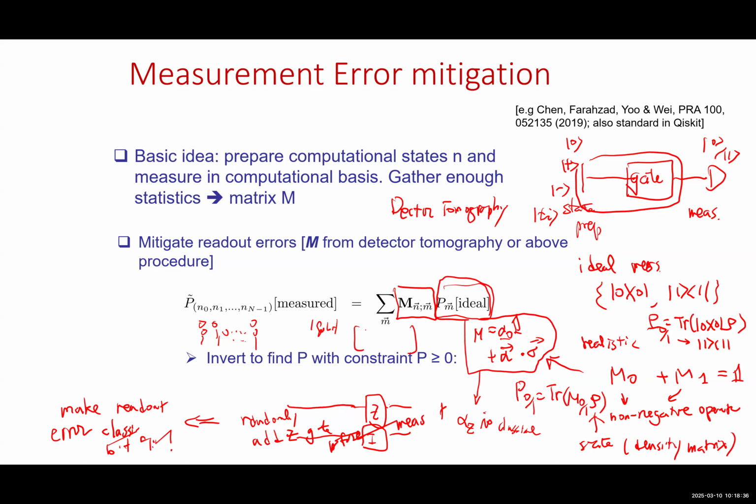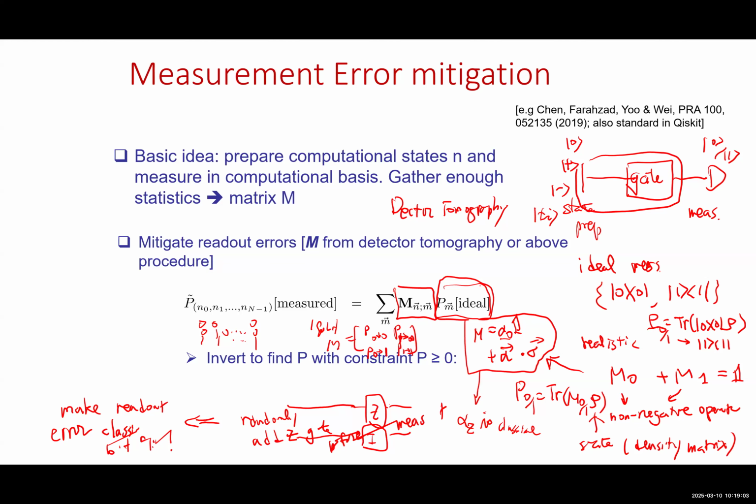So this would be, for example, 0, 2, 0, 0, 1, 2, 0. So you get a 4 by 4 matrix M.